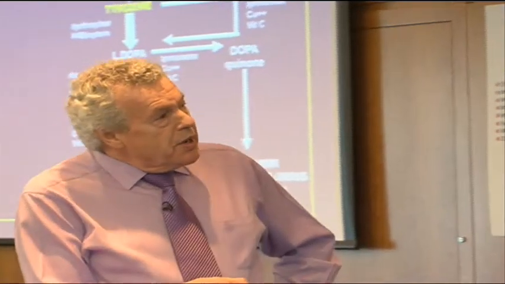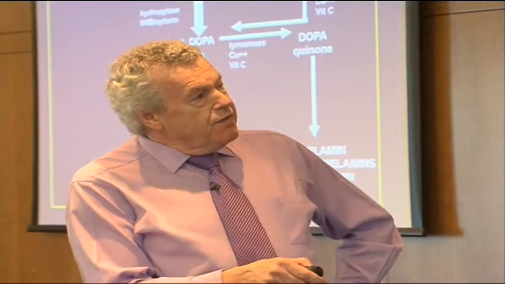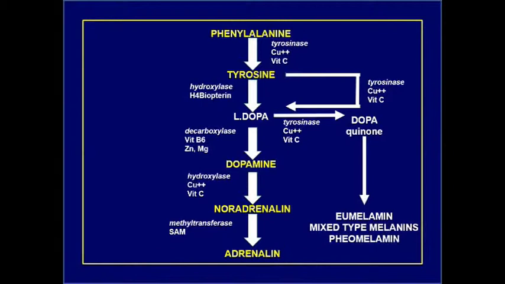So just an example of where tyrosinase fits in. It converts phenylalanine to tyrosine and tyrosine to L-DOPA. So that's rather important because it goes on to make dopamine. But there is an alternative pathway from tyrosine, in the tissues more than in the nerves, in the rest of the body, which goes on to make DOPA here, which goes on to make melanin.